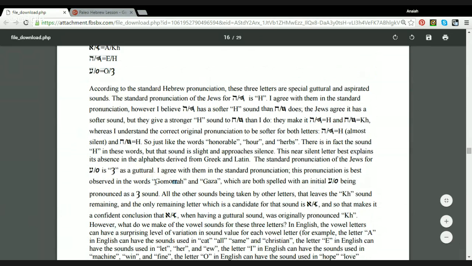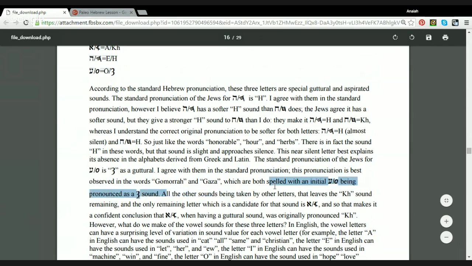Yeah, so it's not Omorah and Aza, it's Gomorrah and Gaza. So that's evidence right there of a g, like a gh type sound.